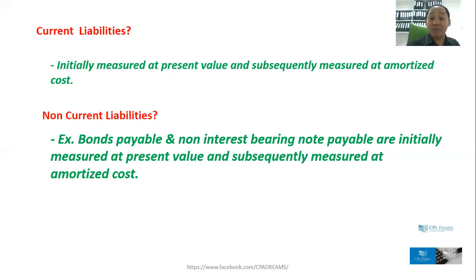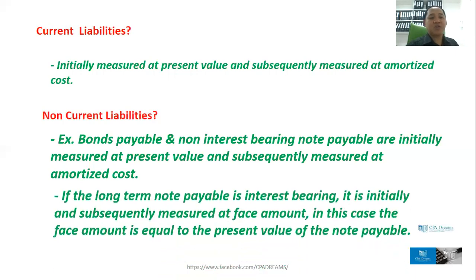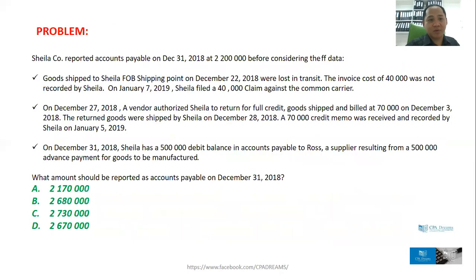So there is an amortization happening. We will discuss that and give examples in the topics for notes payable and bonds payable. If the long-term note payable is interest-bearing, it's initially and subsequently measured at face amount. In this case, the face amount is equal to the present value of the note payable.